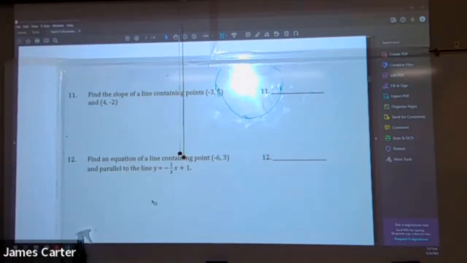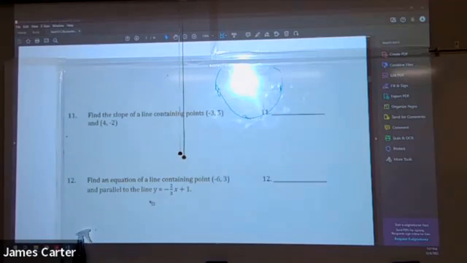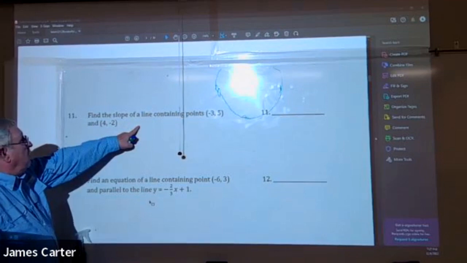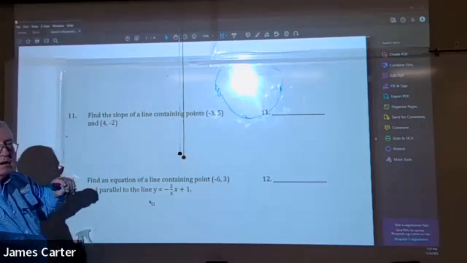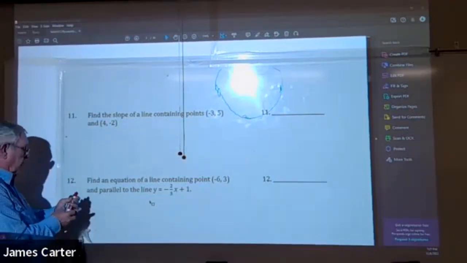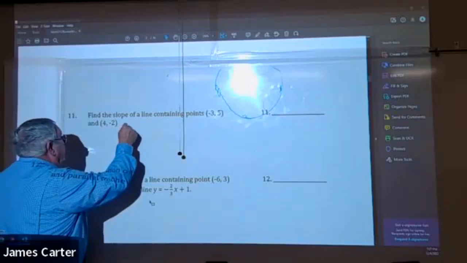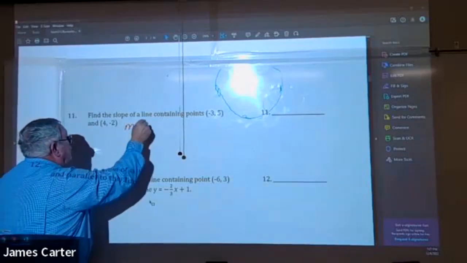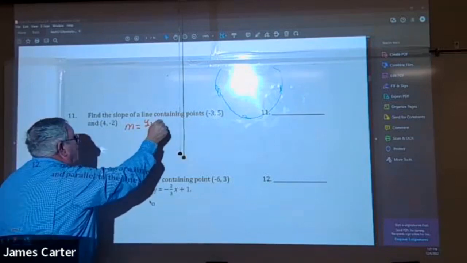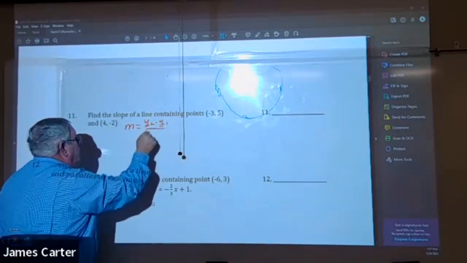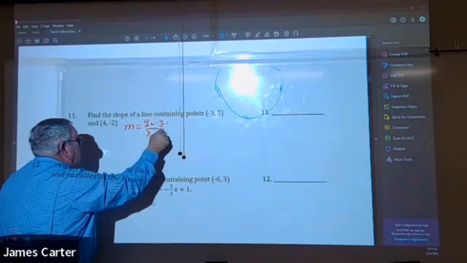Find the slope of the line containing this point and this point. The slope formula: m equals y2 minus y1 over x2 minus x1.